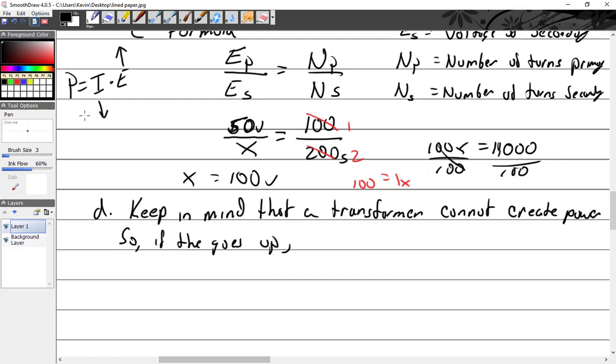It's got to go down because P is going to stay the same. It would be great if you could build a transformer you could plug into the wall where power and current both go up, wouldn't it? It wouldn't be great if you're selling power. So voltage goes up, current must come down. You can't create power.